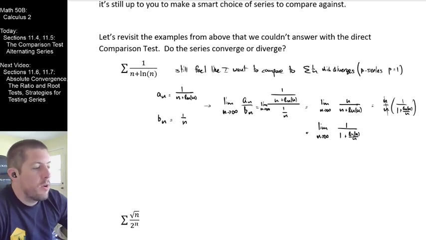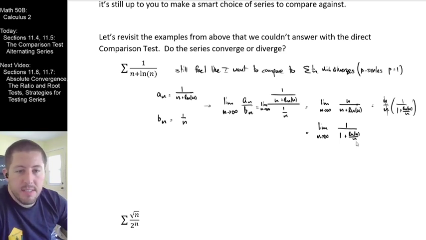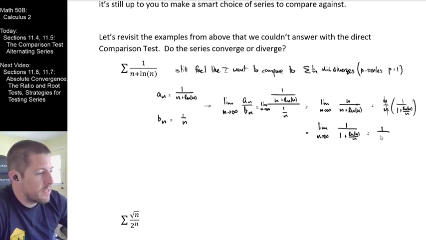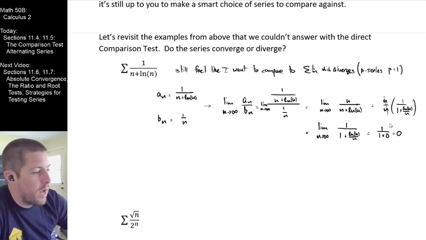Natural log of n grows incredibly slowly, whereas n grows, I guess that's like our basis of comparison right there. In any event, this leaves us with the ratio of 1 over 1 plus 0, which is in fact equal to 1.